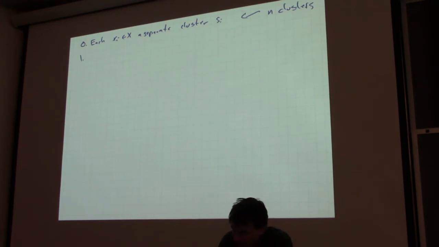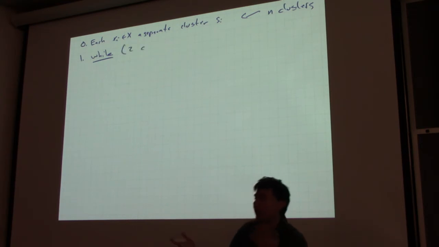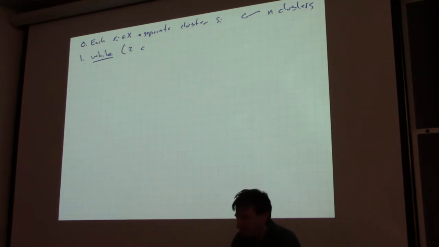And then I'll say while... now I don't have data points. I only have distances between clusters, but when they only have one point in them, I know how to measure this.